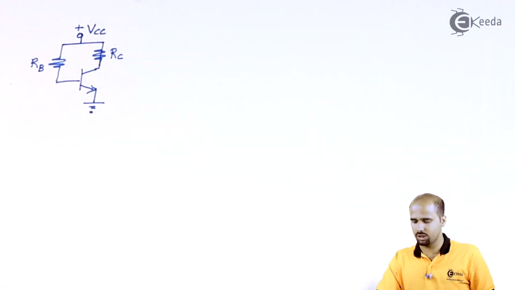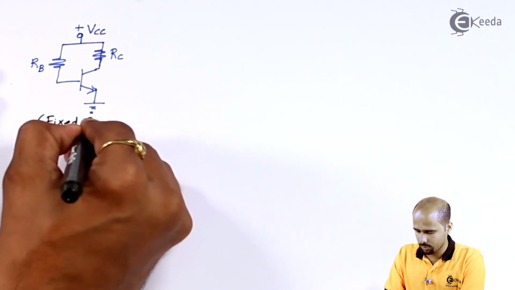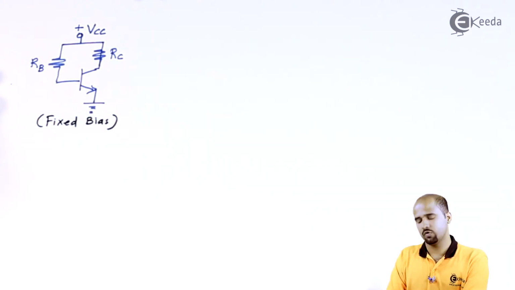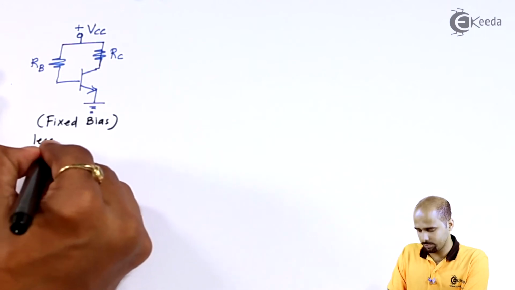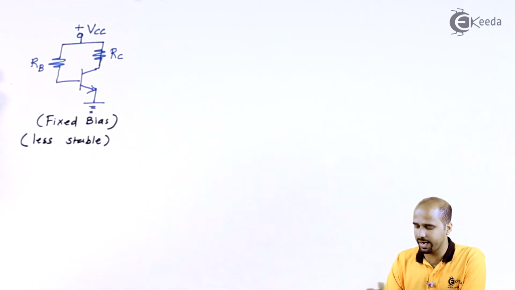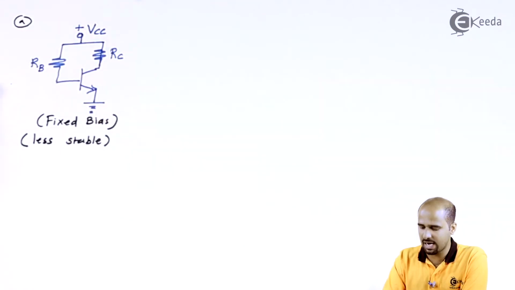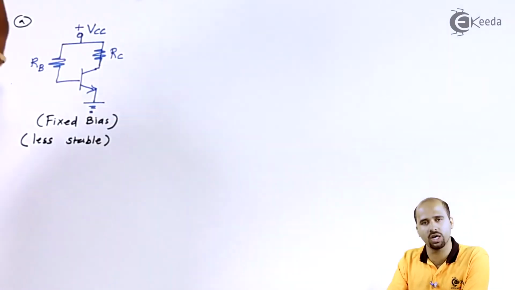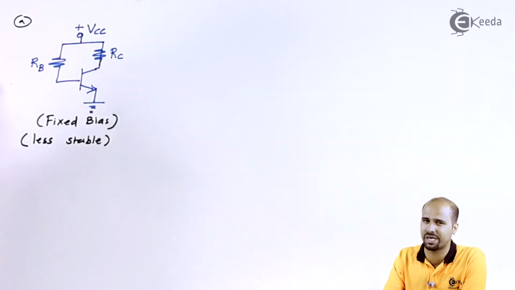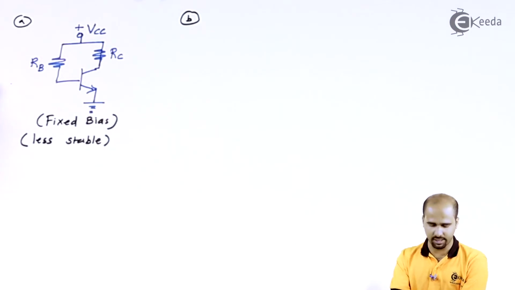This configuration is called fixed bias, where we get less stability. As we move from fixed bias towards voltage divider bias, we improve the stability of the circuit, and that is my aim for DC analysis, to get a stable circuit.